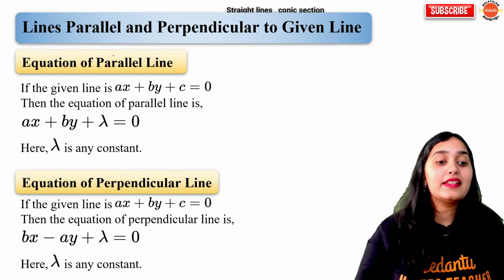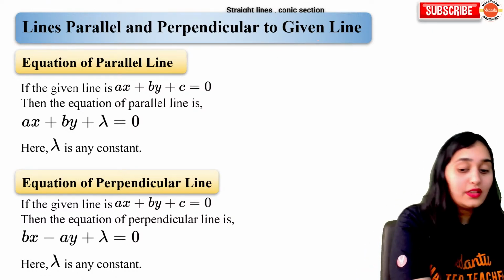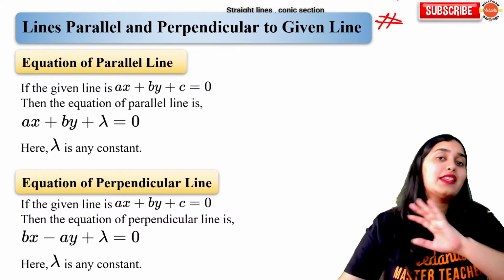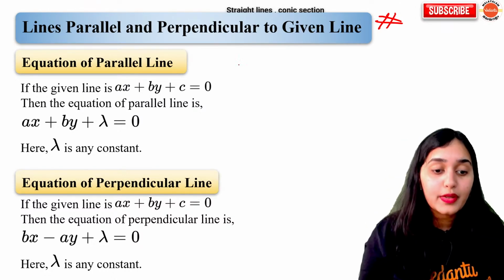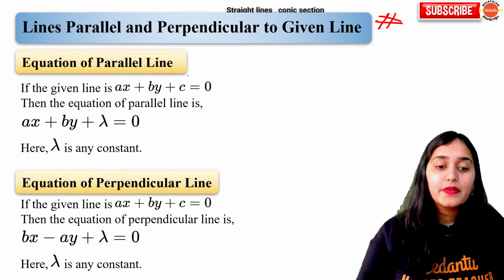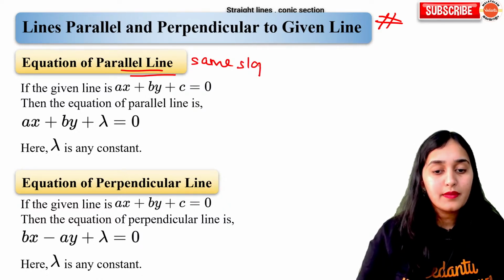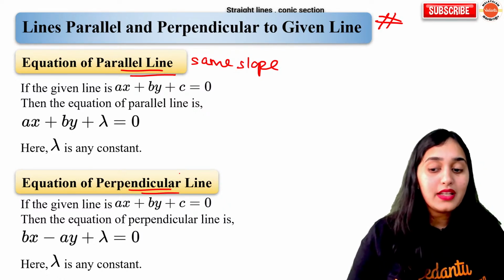Okay. Next is, what if your lines are parallel or perpendicular to a given line? Now, this is very, very important. In the KEAM exam, they will always try to give you a perpendicular or a parallel line and ask you the slope. So, you should remember, parallel lines have the same slope. And what about perpendicular lines? Can anyone tell what about their slope?